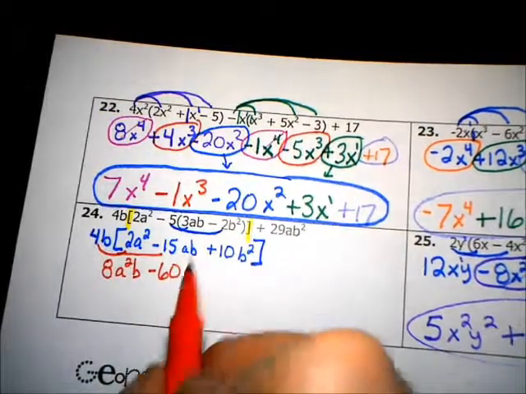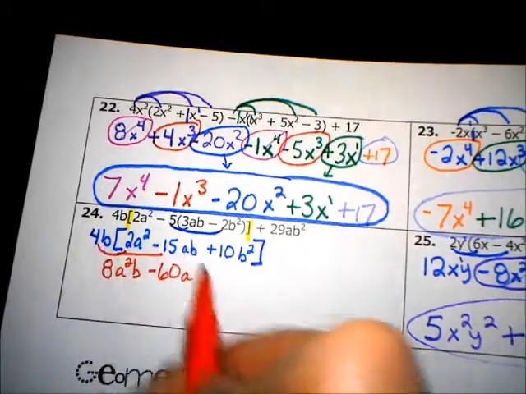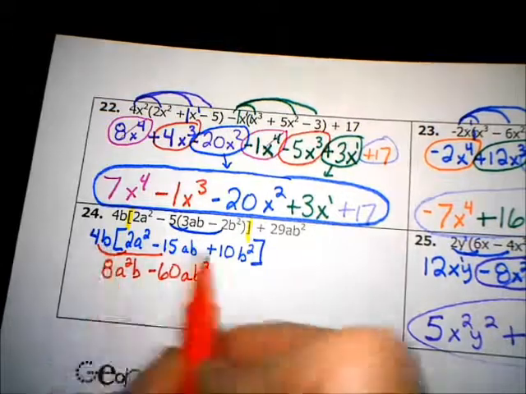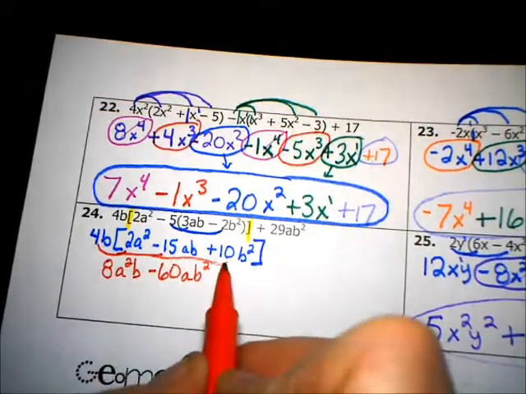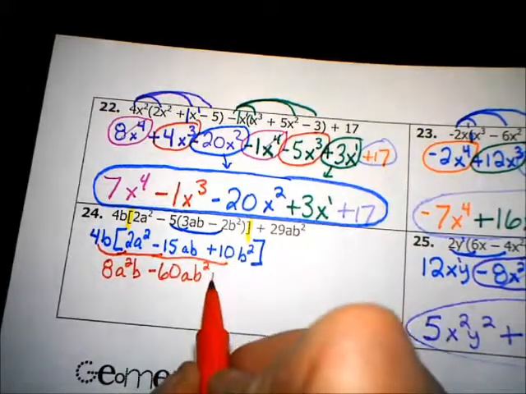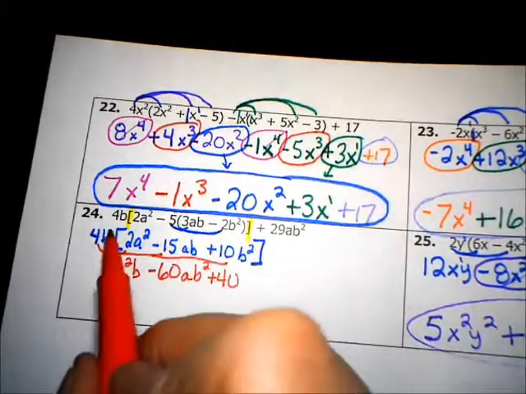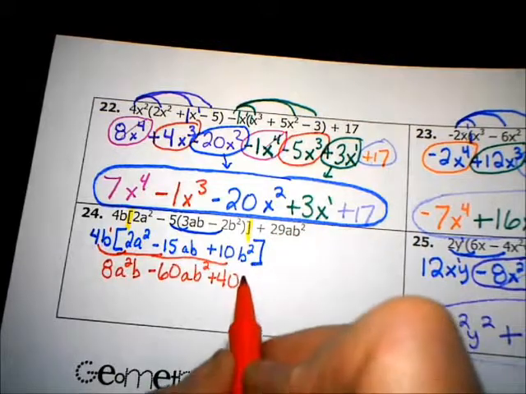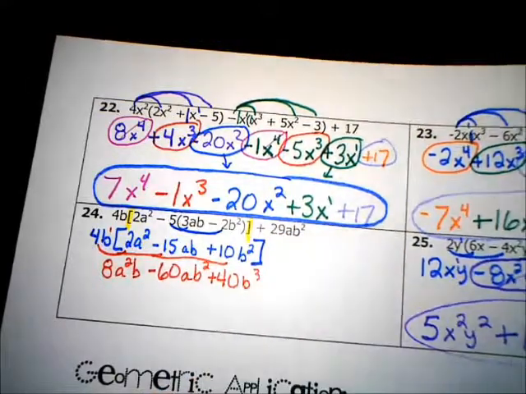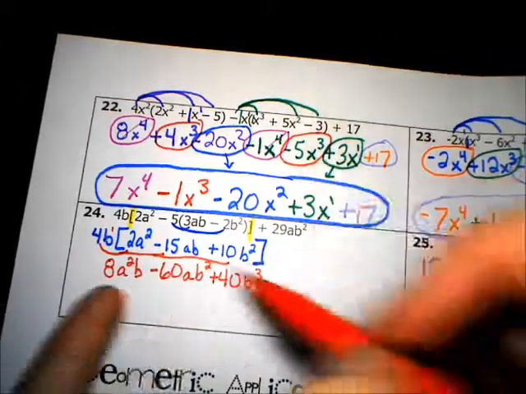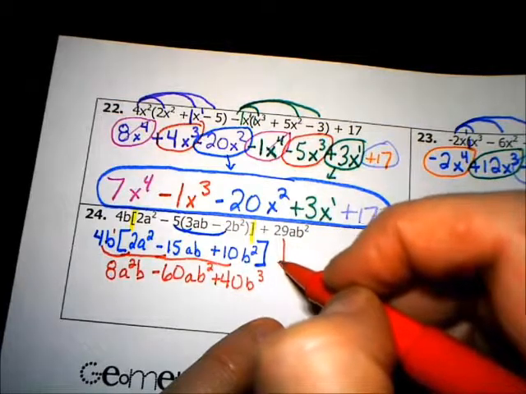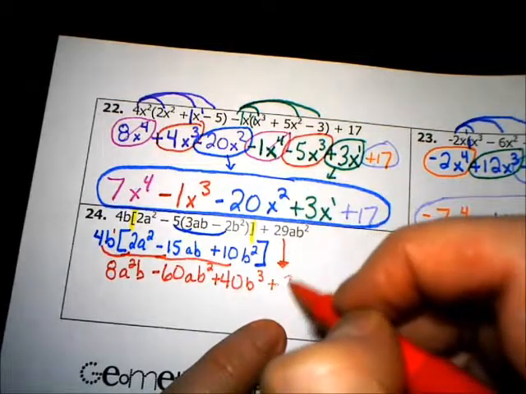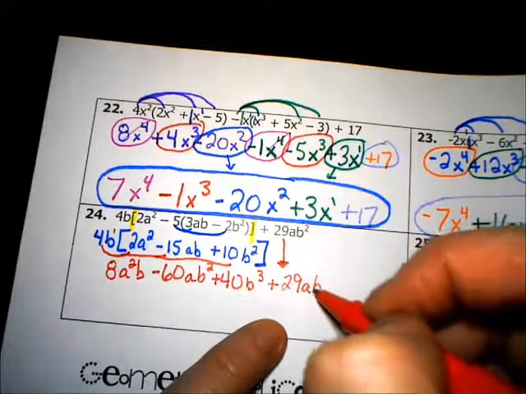So I have an a, and now I have b squared. Okay, now the last term. 4 times 10 is 40, and I have a b to the 1 with b squared. That gives me b cubed. Okay, I'm finished now with the first term. So now don't forget about that last term here. So now I have a plus 29ab squared.